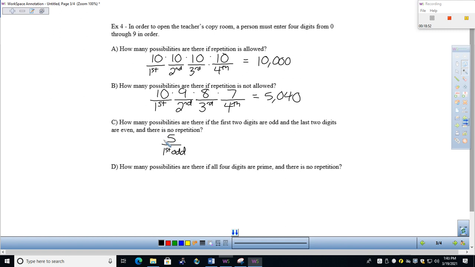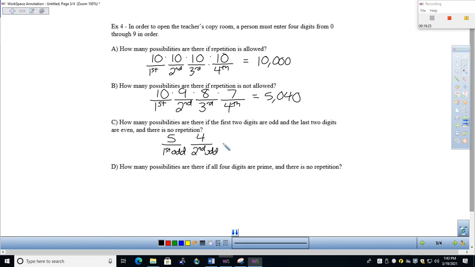Now we know that the second number is also odd, so I've got to punch in the second one. It is an odd number, but since no repetition is allowed, again, just keep my eye on some of the wording here, no repetition is allowed, so whatever digit this was, that's now out of circulation, so there are only 4 odd digits left.